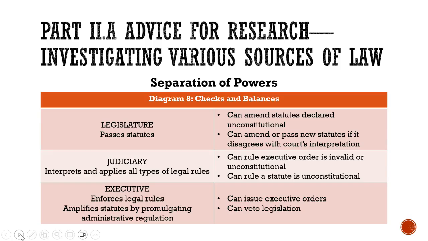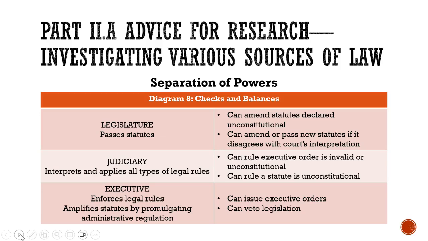The court can rule that an executive order, which is an administrative function of the United States government, is invalid or unconstitutional. The judiciary can also rule a statute unconstitutional.